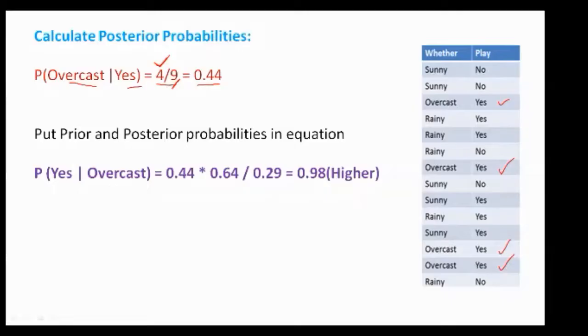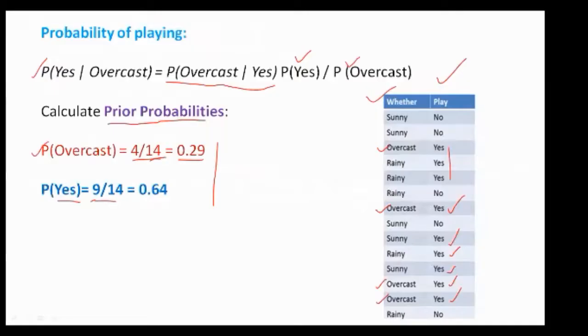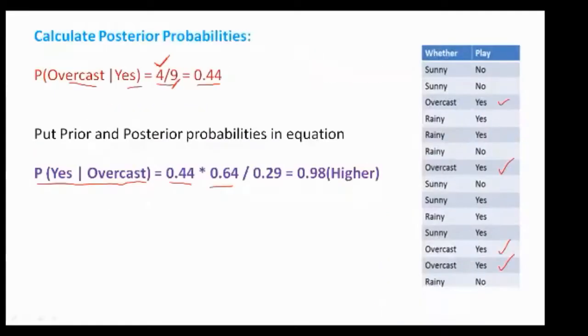Now we want to find the final probability whether the user can play the sport or not. So for that, as per our formula, we'll multiply this 0.44, this is called the likelihood probability, into 0.64, that probability we have computed, that is P of S, and divided by P of D, that is P of overcast.